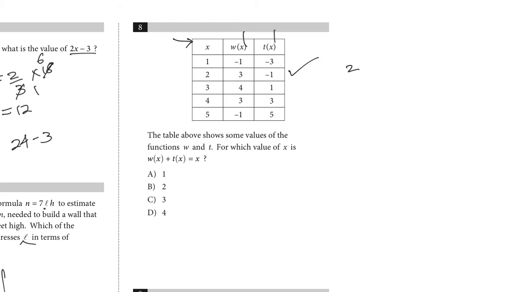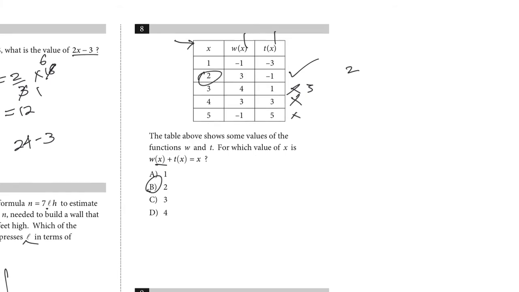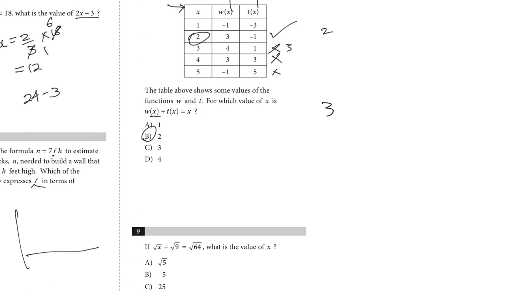Let's see if any other makes sense. This was given 5. This is not correct. Not correct. Not correct. Seems that this is the answer, and the value of x is 2 in that case. So let's go with 2, because 3 minus 1 is equal to 2, and that's essentially w(x) plus d(x) equal to t(x).